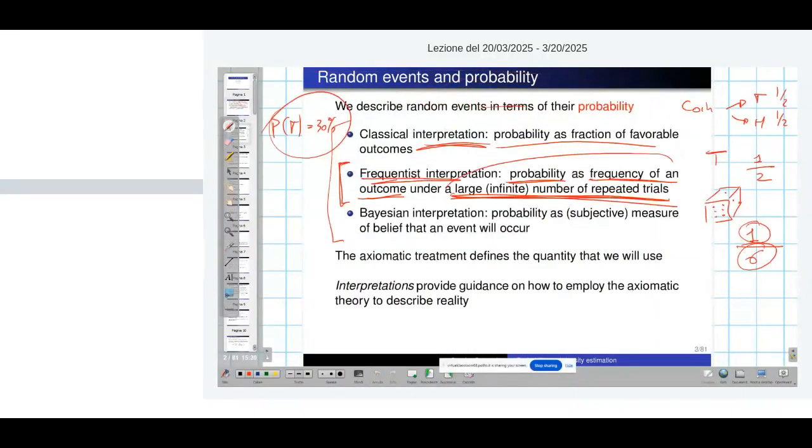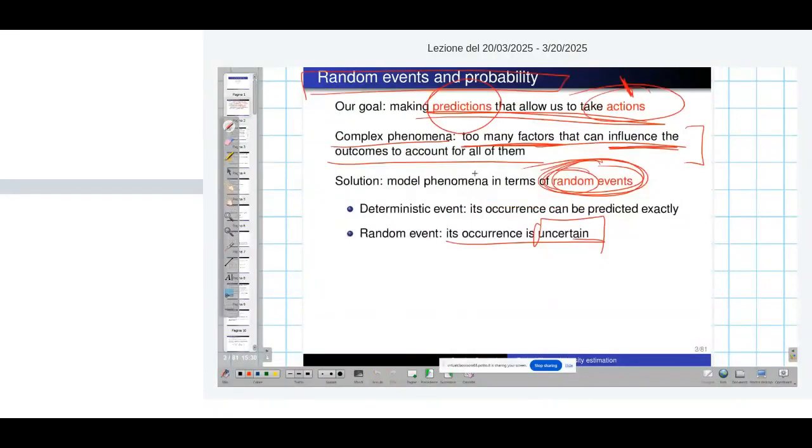It can be argued that if I repeated exactly the same experiment, I would always get tail or always head. I will not get 30% of tails. The fact that I get 30% of tails is because I'm not really repeating exactly the same experiment. So there is already a problem in the way we measure probability.